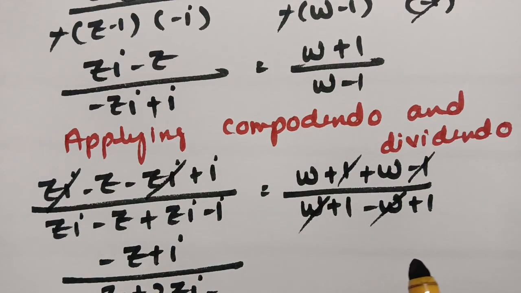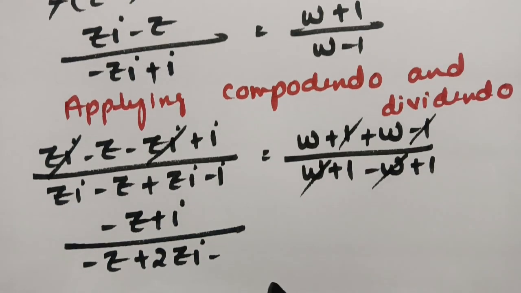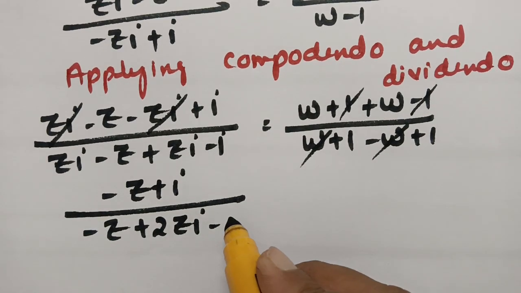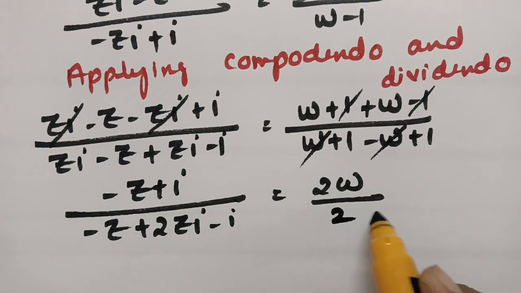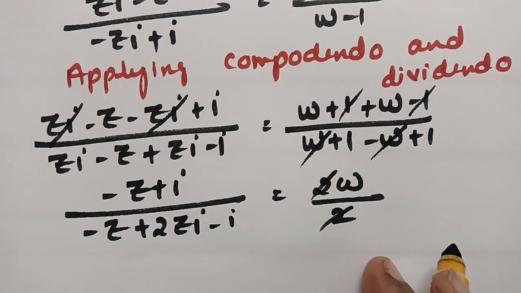So this is zi minus z minus zi minus i. So this is going to become minus i. So this is 2w by 2. If I cancel, the value here is w.